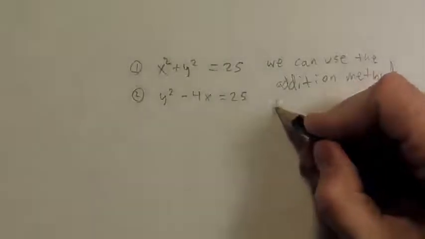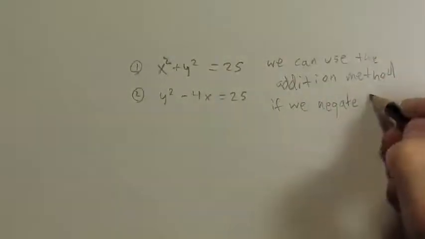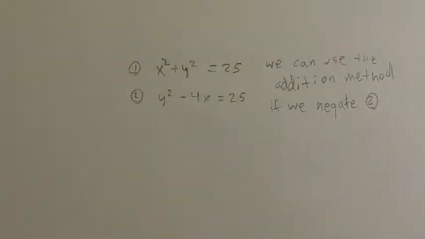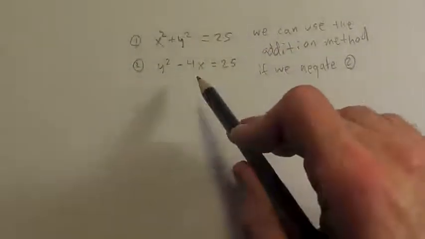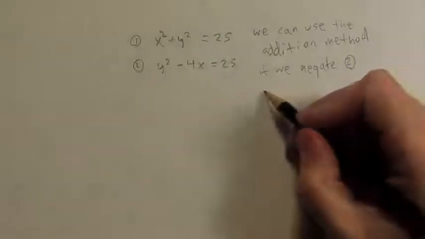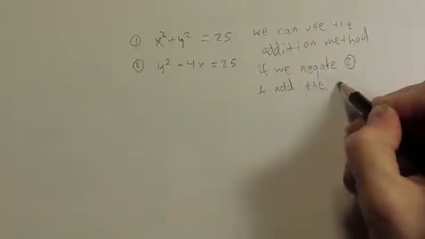So if we negate equation 2, and I just picked equation 2 mainly because it would make the 4x positive, but it would work with 1 as well. If we negate 2, the y squareds will cancel.